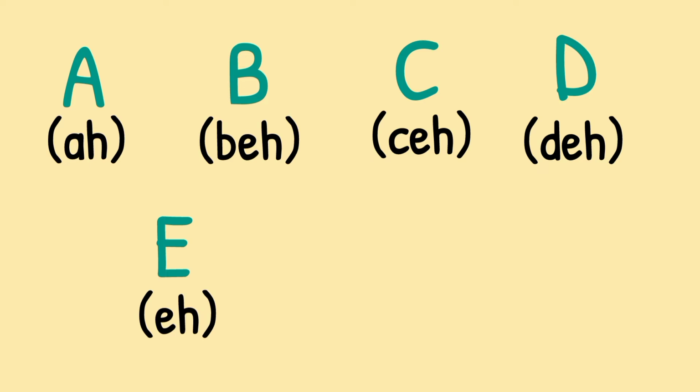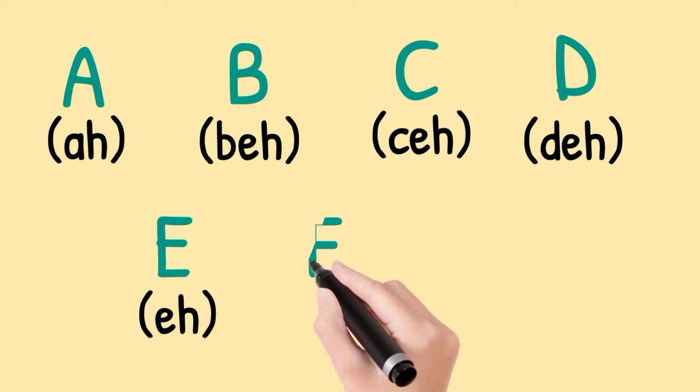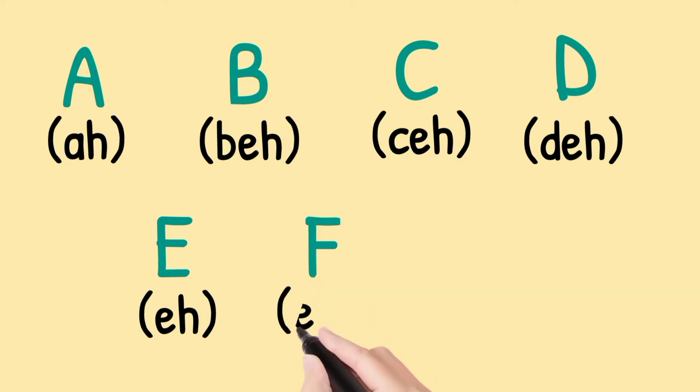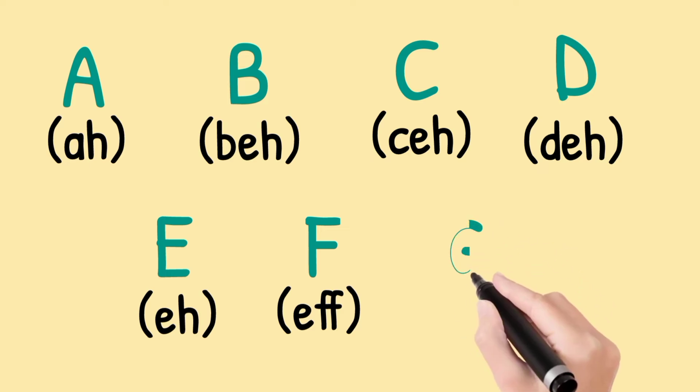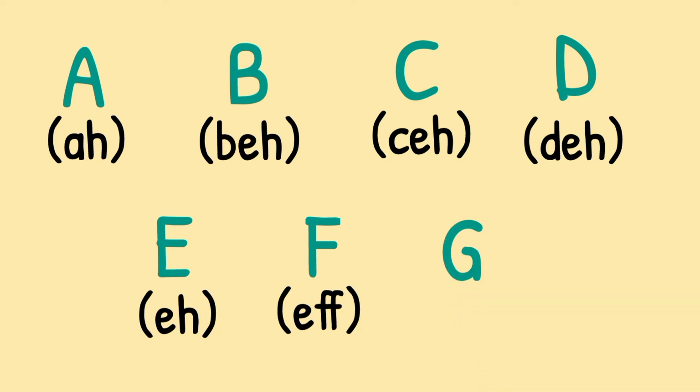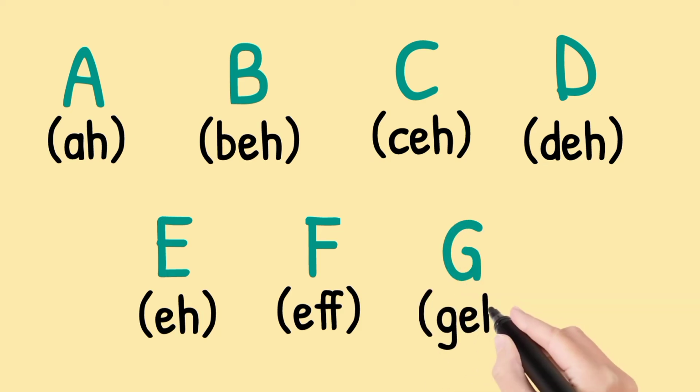So practice with me and speak loudly with me so that you can practice. Next is F, like fox, so it's called F, the same as in English. And then the next letter is G. In English it is G, but in German it is gay.